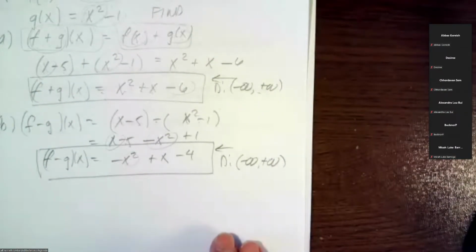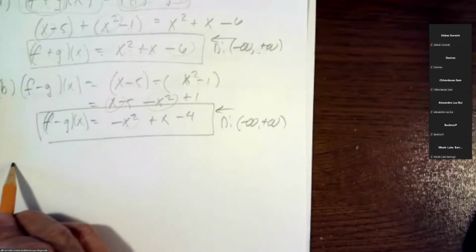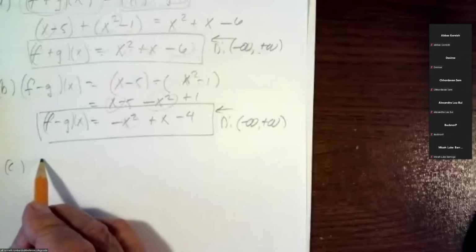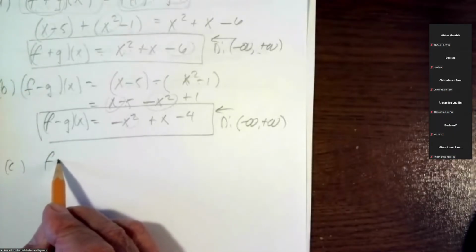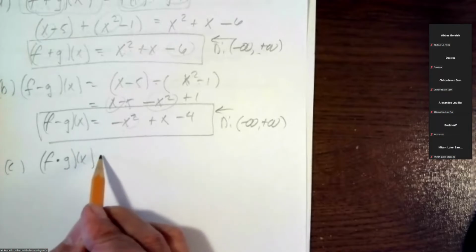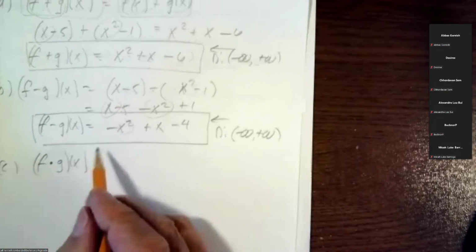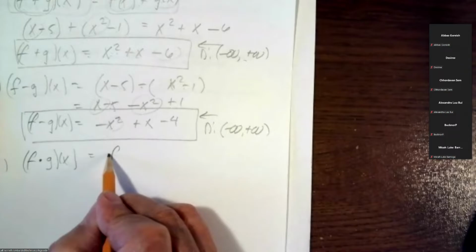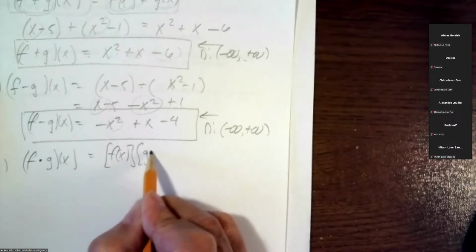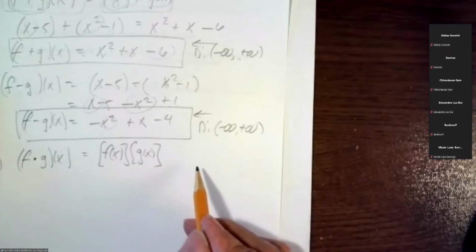All right. Let's see. What if I have a situation that says f times g of x? So that's the same as f of x times g of x.